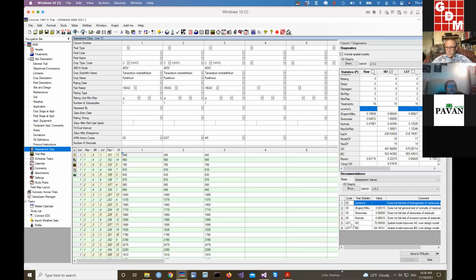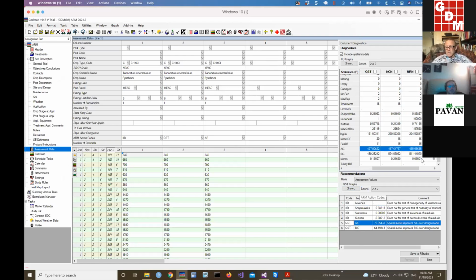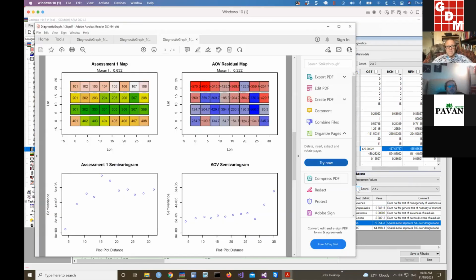We would prefer, though, a quadratic spatial term, which greatly improves upon a Moran's I value. And we'll pop up that diagnostic.